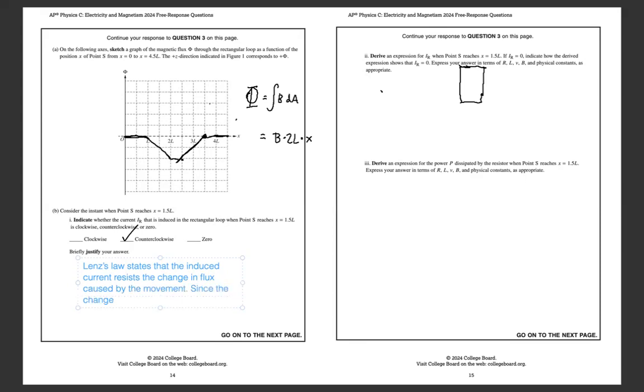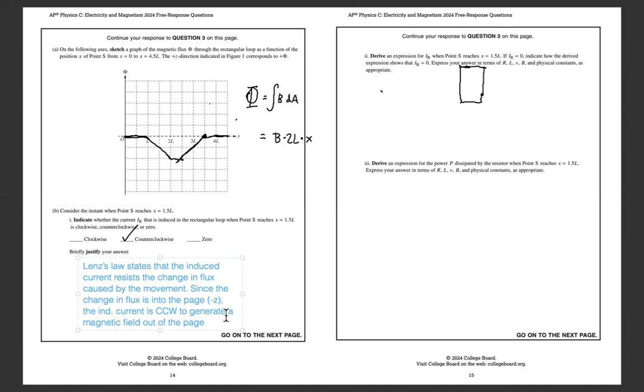Since the change in flux is into the page, negative z direction, the induced current is counterclockwise to generate a magnetic field out of the page, or a magnetic flux out of the page, if you will. Yeah, there you go. All right, so I like using Faraday's law, nice and easy.